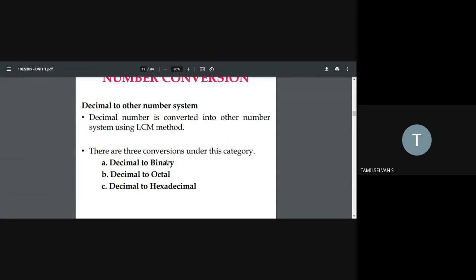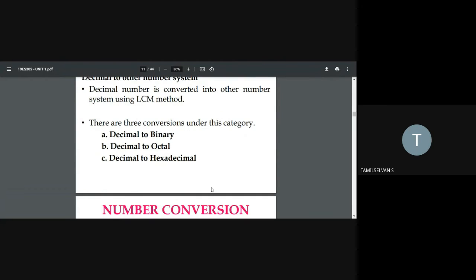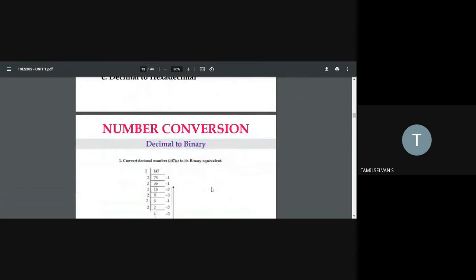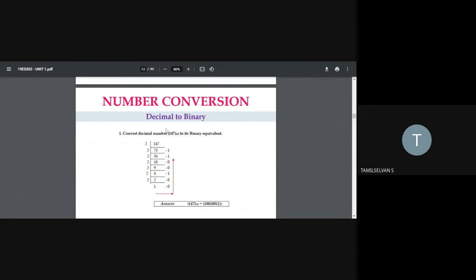In these three conversions, the first conversion is decimal to binary. I have already told you that this conversion is also called the LCM method. We have to convert the given decimal number into a binary number. The base value of the binary number is 2. So we convert the decimal number into a binary number by the use of LCM by 2.